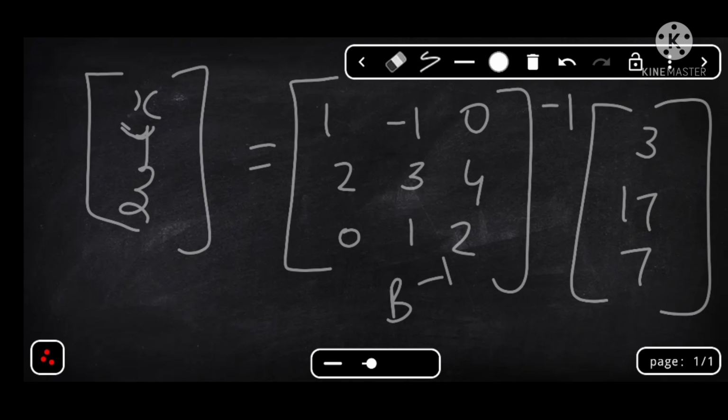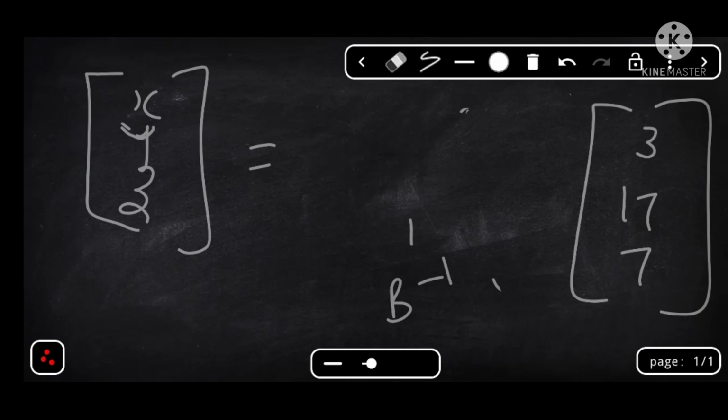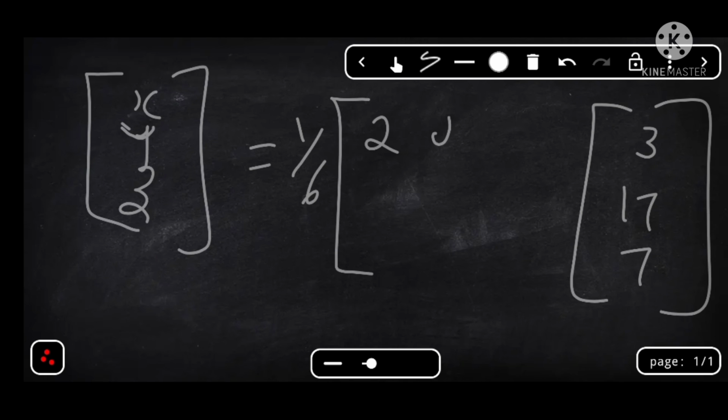So instead of this matrix inverse, we can write the value of B inverse. What is B inverse? 1 by 6 into 2, 2, minus 4, minus 4, 2, minus 4, 2, minus 1, 5.